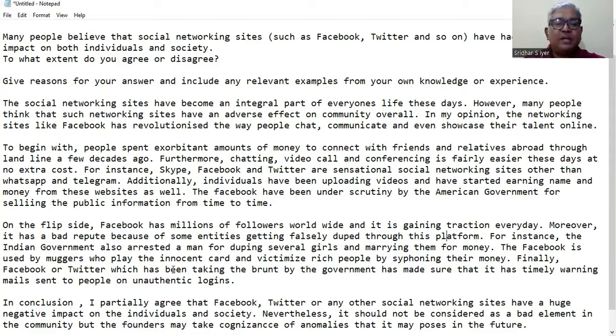Finally, Facebook or Twitter, which has been taking the brunt by the government, has made sure that it has timely warning mails sent to people on unauthentic logins.